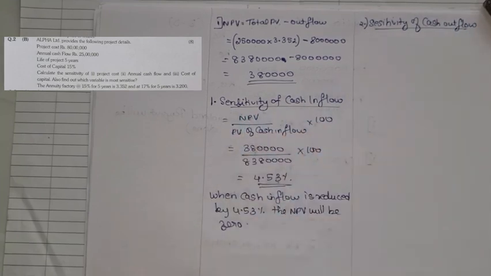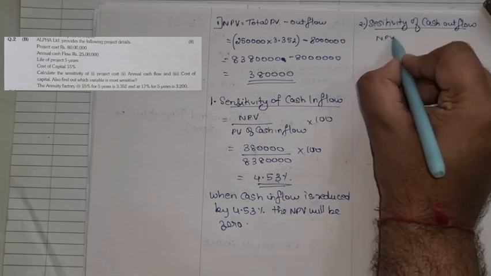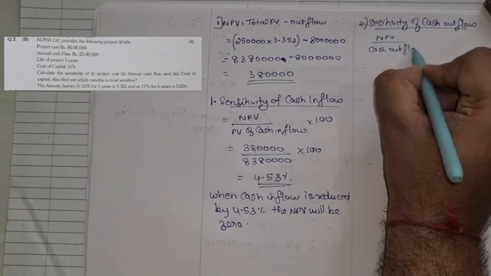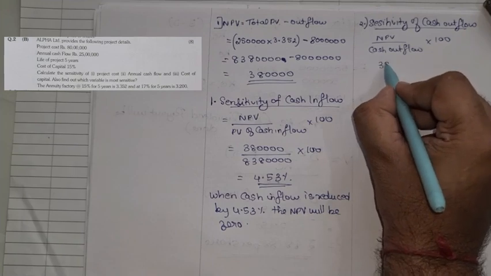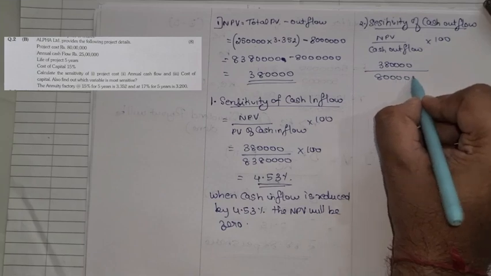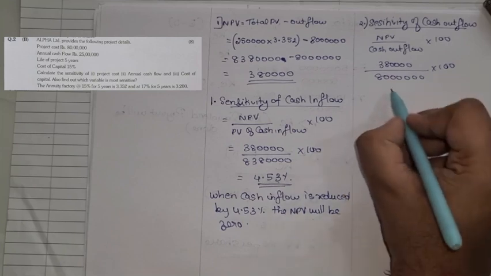This was for cash inflow, now we need to find it for cash outflow. Again the formula will be almost similar: NPV upon cash outflow into 100. The NPV we have already found, 3,80,000, upon outflow 80 lakhs, into 100, which comes to 4.75%.